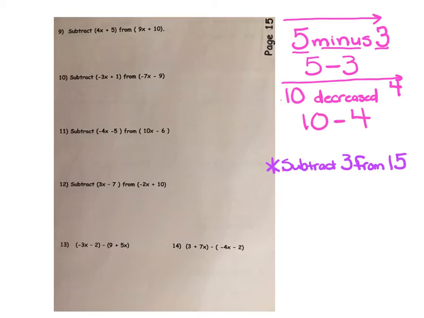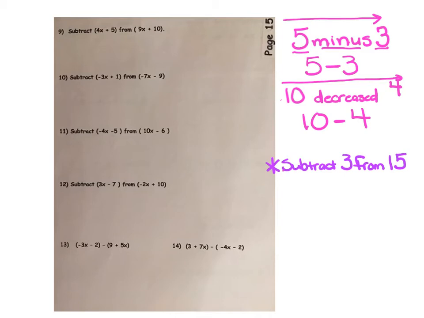As we translate that into mathematical symbols, we would certainly write it this way, 5 minus 3. We take the numbers in the order they are given from left to right. In the next one, 10 decreased by 4. Once again, since order is so important, we take the order of the numbers, 10 decreased by 4, and write them down in the order they are given.